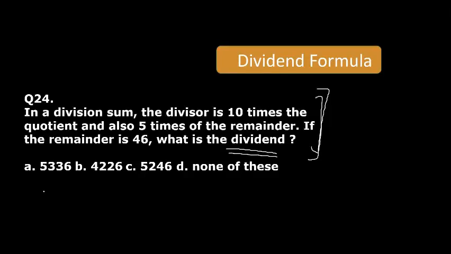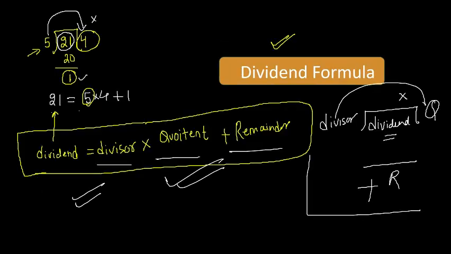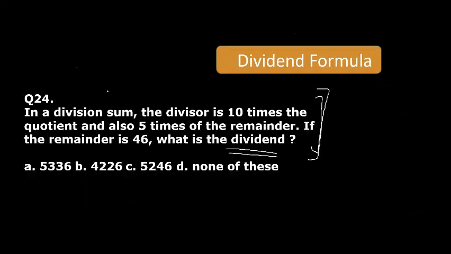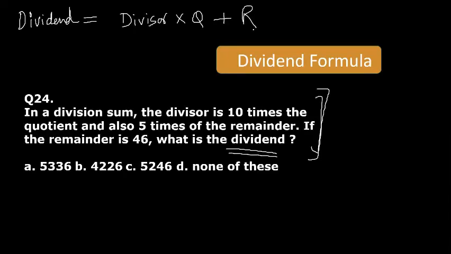So what was the formula we have just discussed? Dividend is nothing but divisor into quotient plus remainder. If you need to find the dividend, you need all three: divisor, quotient, and remainder. In this question, the remainder is directly given.